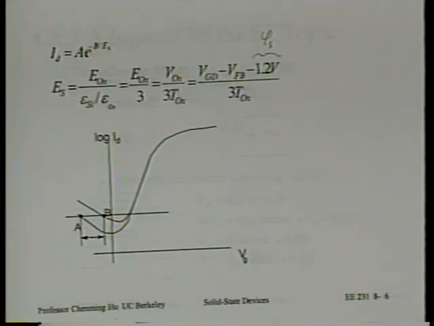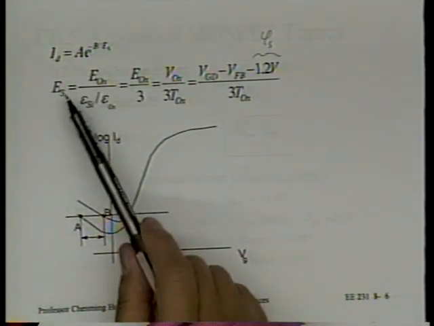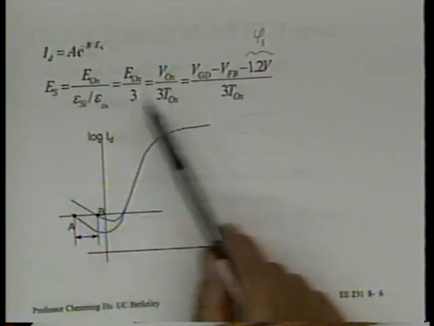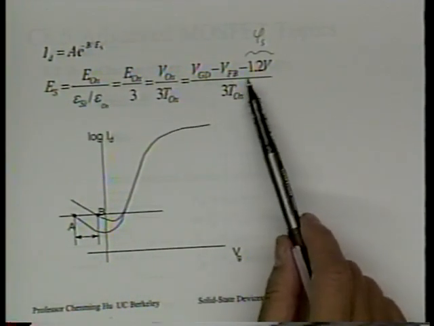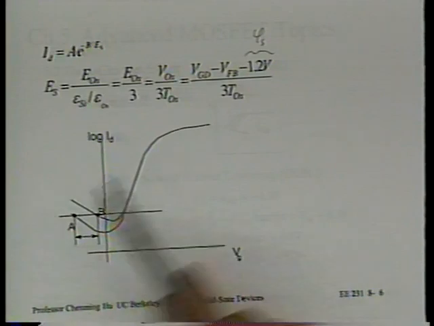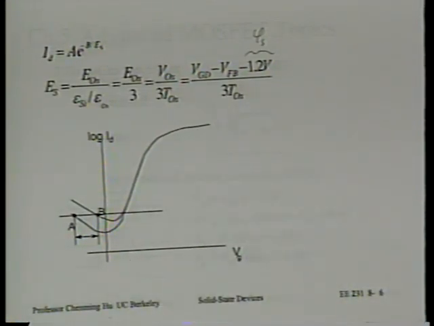But after thinking about it, maybe looking at the simulation a little bit, one can determine that 1.2 is not a bad assumption, 1.3 is fine. In other words, if it's only 1.1, we know we don't have band-to-band tunneling, it won't happen. So as soon as we start to allow tunneling, with a lot of electron states, we think significant current can happen, and the current will now be limited by this ES. So VGD minus VFB minus 1.2 volt, divided by 3 TOX, becomes a very simple engineering model.